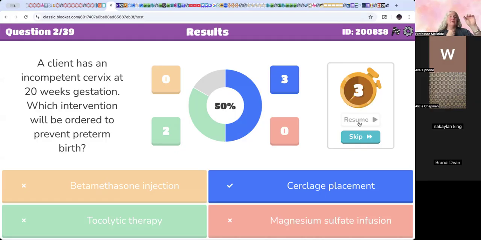It goes kind of around like purse strings and pulls it, keeps it closed. And so for this client, we could put in a cerclage, and then they'll usually take it out around 34 weeks. And if her cervix dilates at 34 weeks, that's considered late preterm, and babies usually at that point do fine.